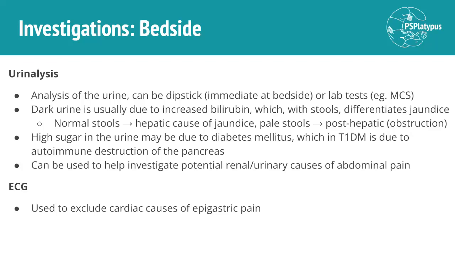But the general idea is if you have dark urine, but normal stools, then it means that the bilirubin is getting converted into conjugated bilirubin and then urobilinogen, and so it's being excreted, but there's something going wrong inside the liver because the bile is still managing to get to the intestines to break down fat, and you're still able to excrete stercobilin, which is what gives color to the stools.